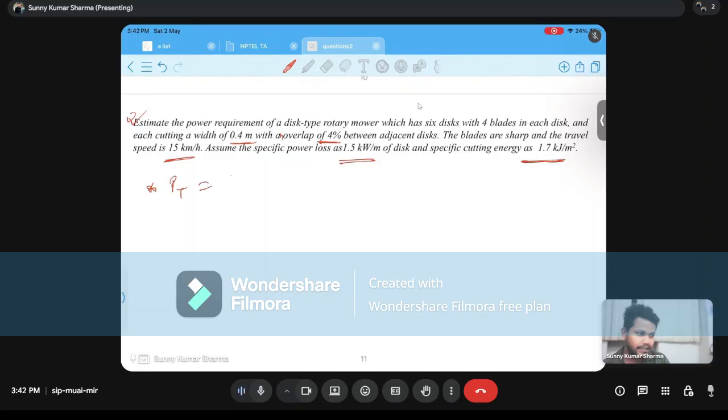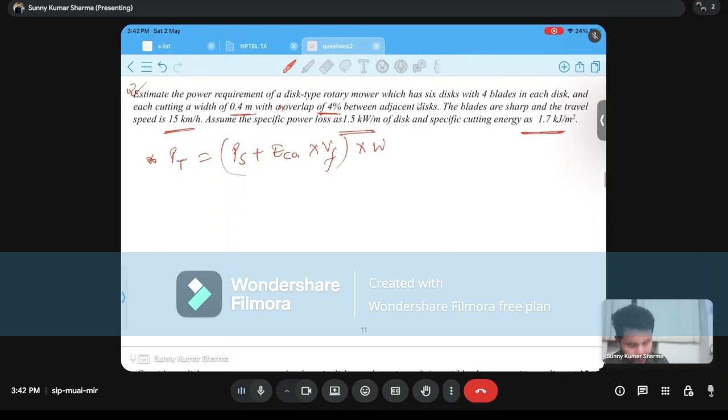So total power requirement is given as PT equals PS plus ECA into VF into W. So this is the expression for total power requirement, and the given value of PS is 1.5 kilowatt per meter, and the specific cutting energy we have also been given is 1.7 kilojoule per meter square.